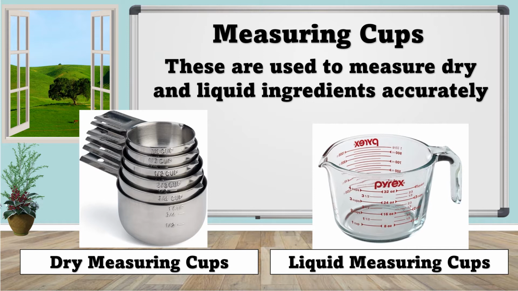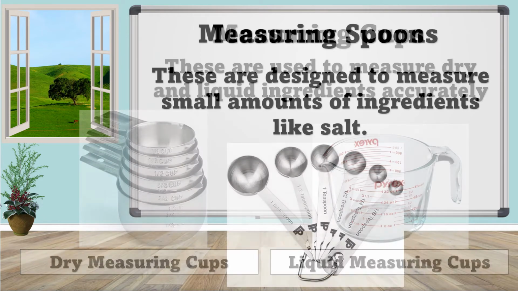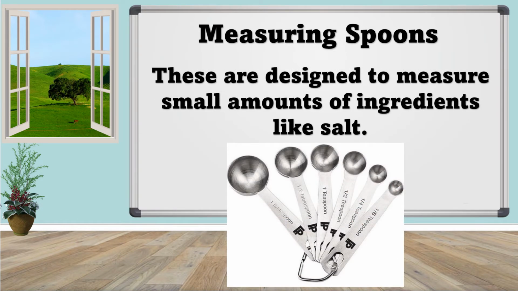Dry measuring cups, which are used to measure dry ingredients like flour and sugar. Liquid measuring cups, which are used to measure liquid ingredients like milk, vinegar, and water. Measuring spoons are also known as tablespoon or teaspoon and are designed to measure small amounts of ingredients like salt.